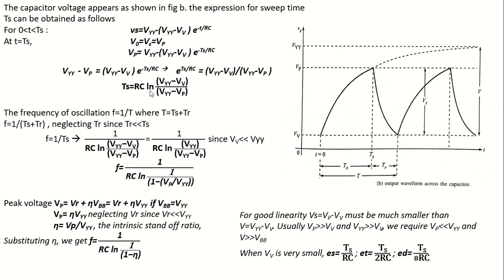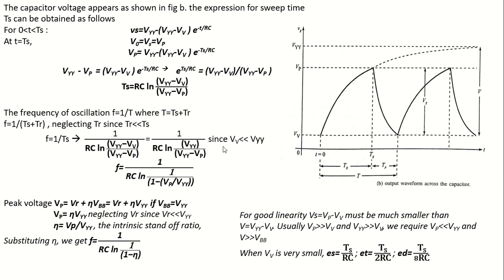So substituting this entire ts value, which is RC ln of (VYY minus VV) by (VYY minus VP), the equation becomes 1 by RC natural log of (VYY minus VV) by (VYY minus VP).